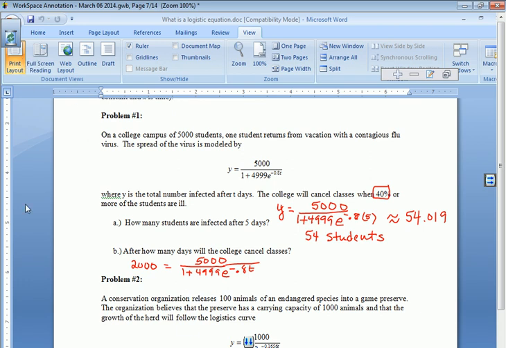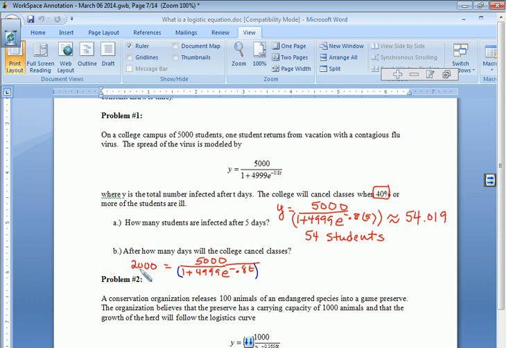I'm going to get 5,091. Did you put all of this in parentheses? Okay. That makes sense. If I were to take this denominator, because I'm trying to solve for t, and multiply it out here, do you see I could distribute the 2,000? But I don't have to.